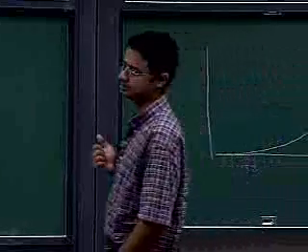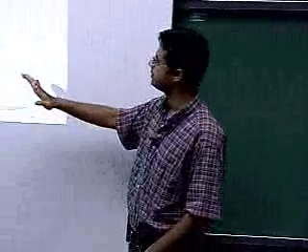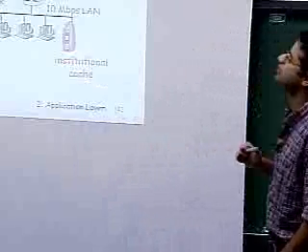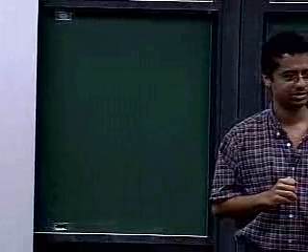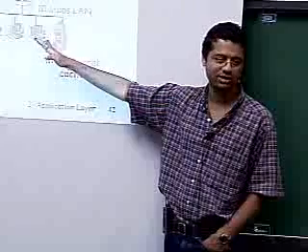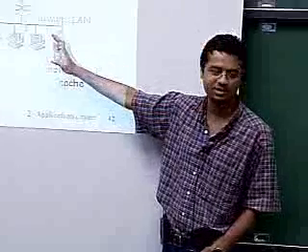Now suppose you install a cache on the LAN. So you have installed a server which is acting as a cache, and suppose the cache hit rate is 40%. So this server will contain 40% of the requests that are being generated. They are already here.